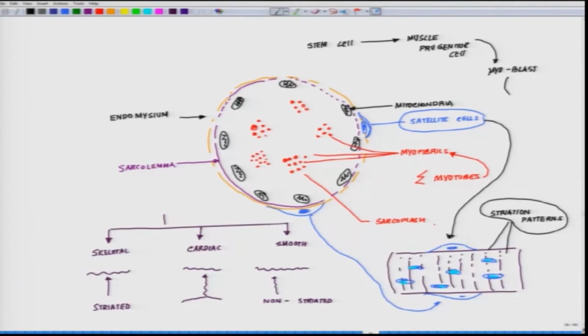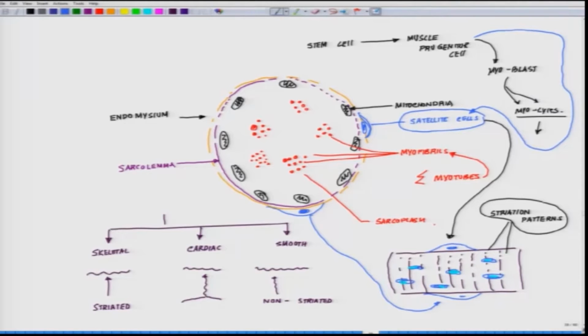I told you this myoblast eventually leads to the formation of myocytes, and these myocytes of course form the myotubes and so on and so forth. Yet there is some population of these muscle progenitor cells which do not differentiate and remain in close proximity of the muscle. These are called the satellite cells.